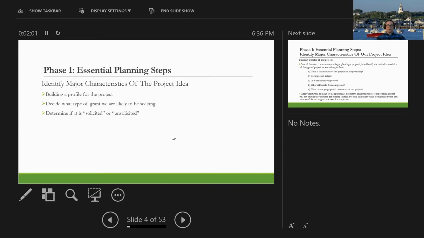You really want to start off in the beginning making sure that you're approaching your proposal in the right way by building a profile for the project. And you want to decide what type of grant you will be seeking. And then we're going to get into what we call solicited or unsolicited. These are important terms to keep in mind, and we'll break that down. Solicited versus unsolicited is a very important concept that, in my experience, can sometimes be left out, unfortunately.